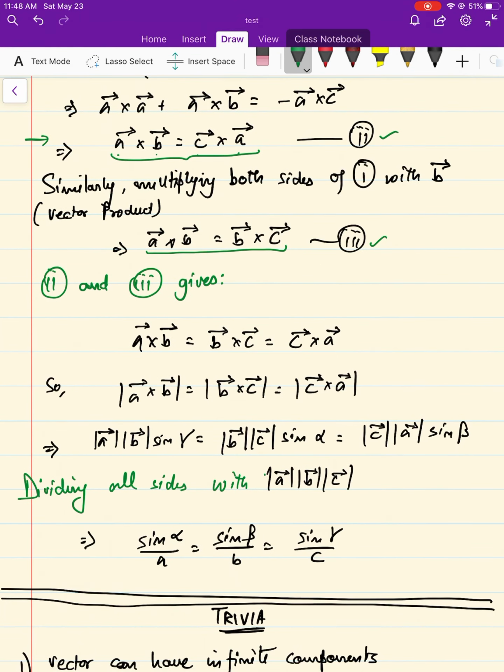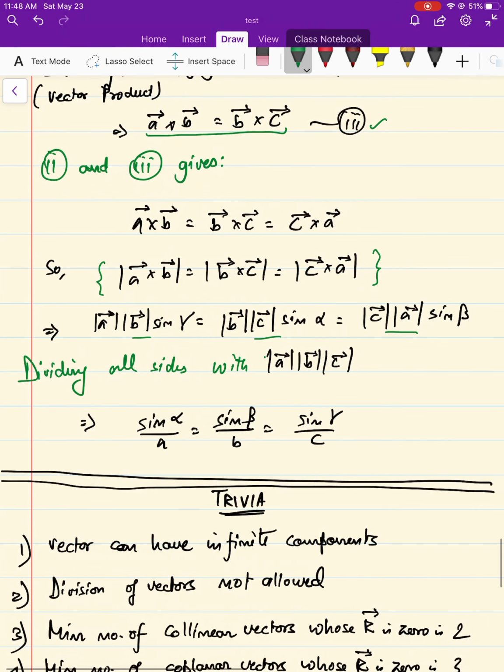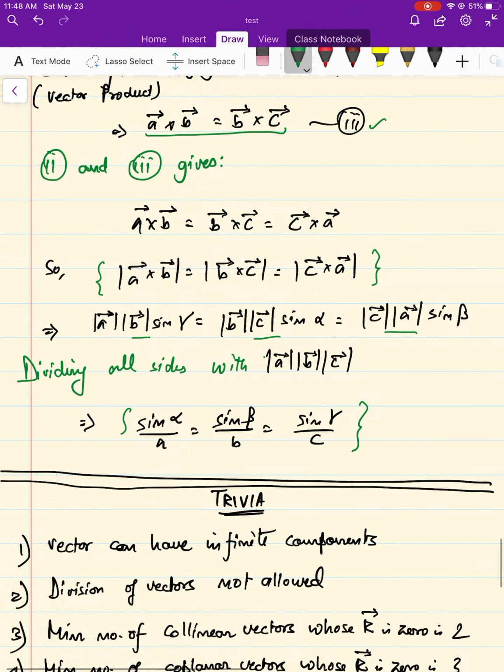So 2 and 3 gives me this identity, and if I try to write it down, as I said, the magnitude of the cross product is given as the magnitude of the individual vectors multiplied with the sine of the angle between them. So if I carry out this expression and then I divide all sides with the mod of these three vectors, we get this final identity, which is written over here.